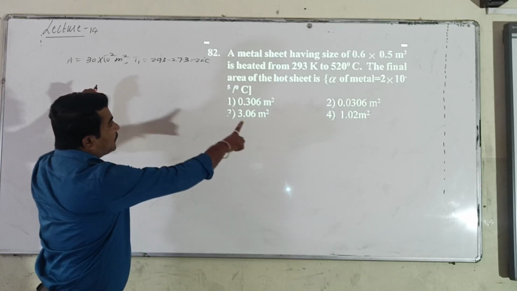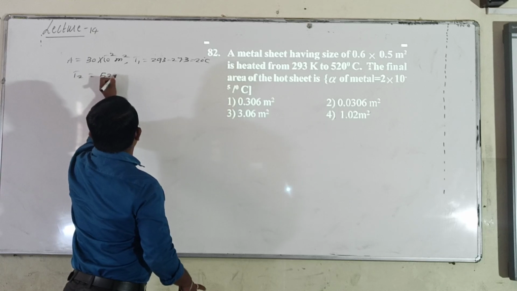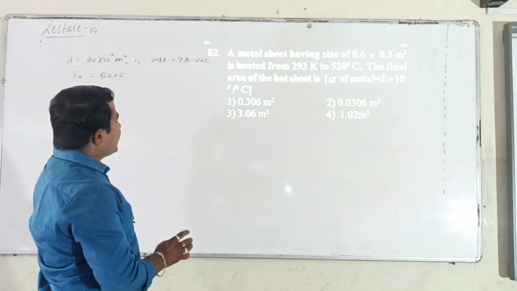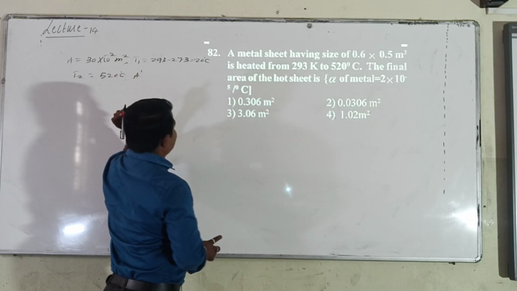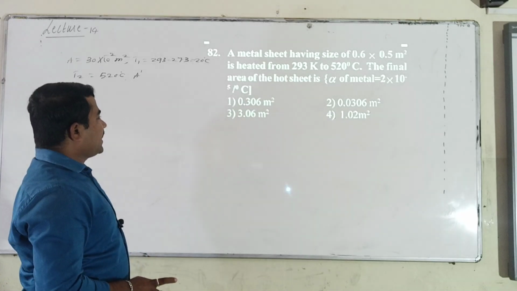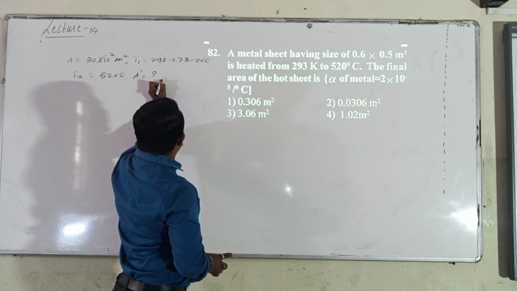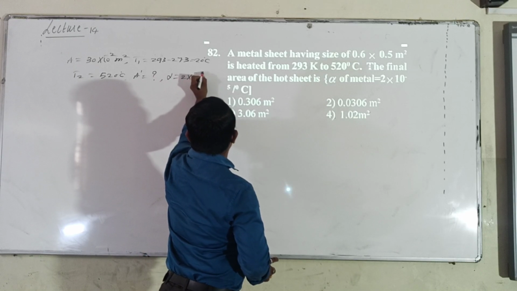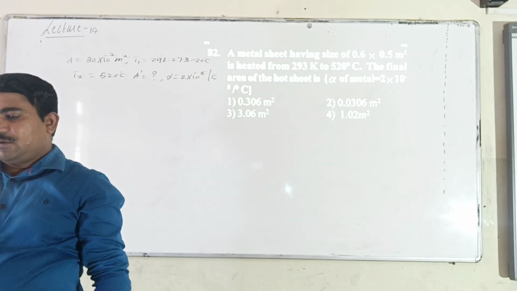T2 is equal to 520 degrees Celsius. What is the final area of the metal? Final area, shall I take it as A dash? A dash I need. Alpha is equal to 2 into 10 raised to minus 5 per degree Celsius, correct?